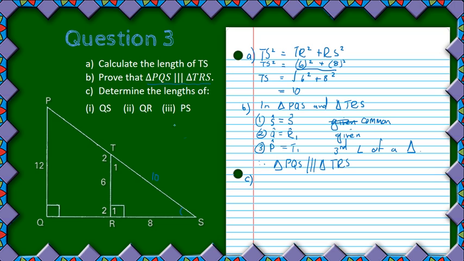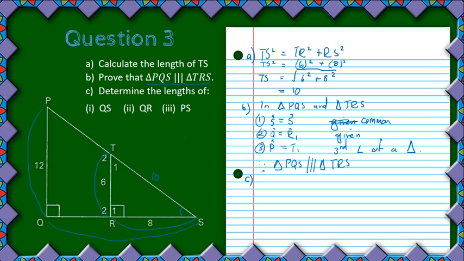Okay, now for C. It says determine the length QS. So QS is this long side over here. Alright, and what else do we have? We have the smaller triangle's side. And then we have this. So we can say that this PQ over TR will be equal to QS over RS.